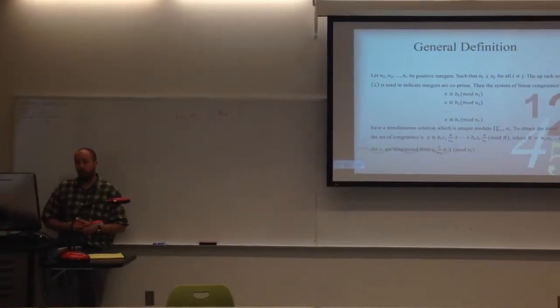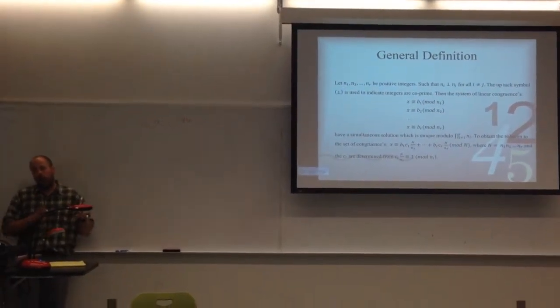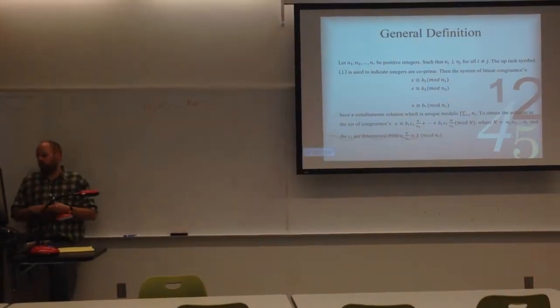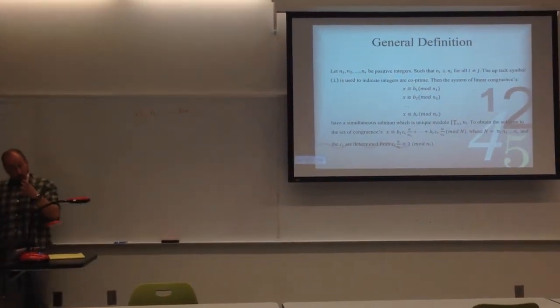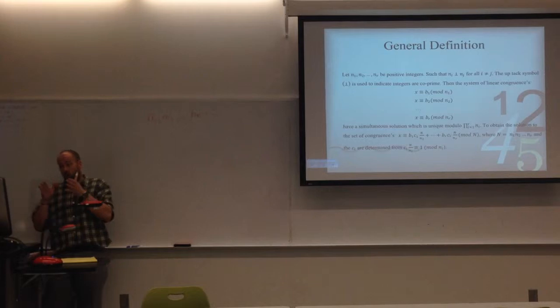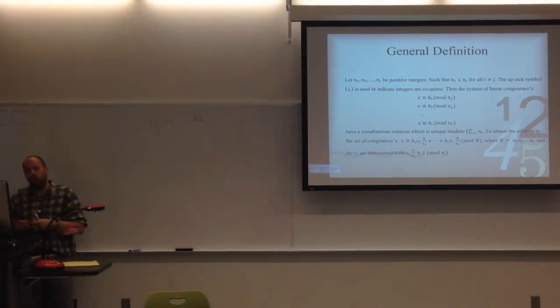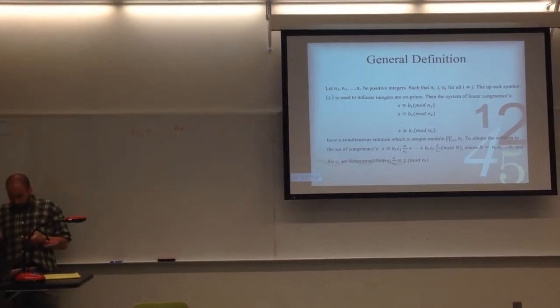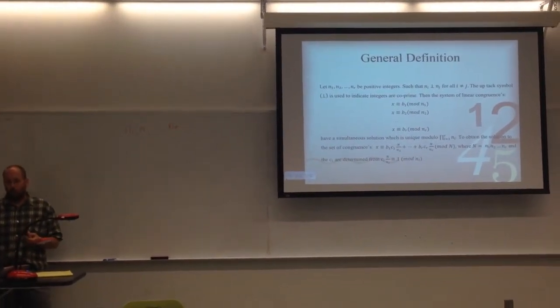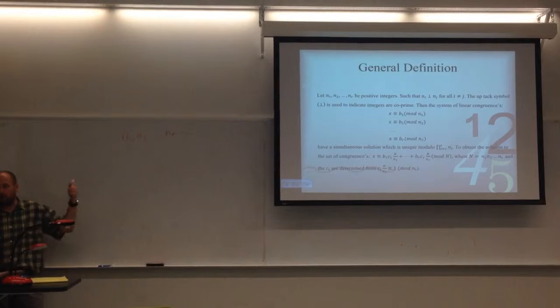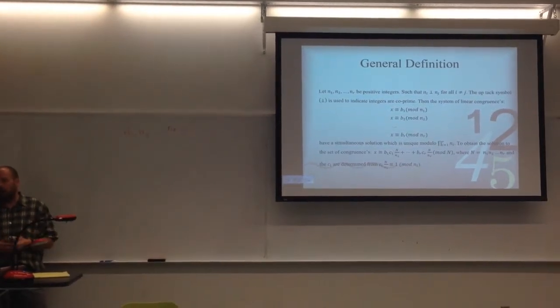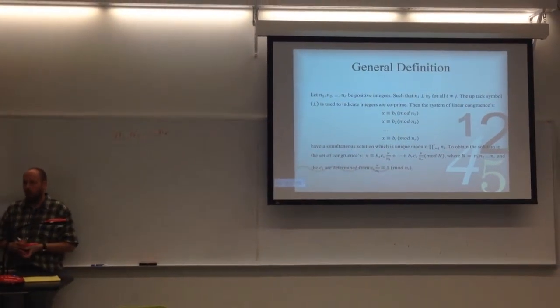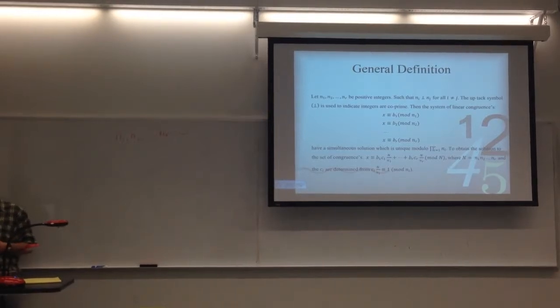Then the system of linear congruences can be set as x, which is just representing a variable, is congruent to b sub 1 mod n sub 1. And following, for our second congruence, we have x congruent to b2 mod n2, all the way to br mod nr, which have a simultaneous solution.